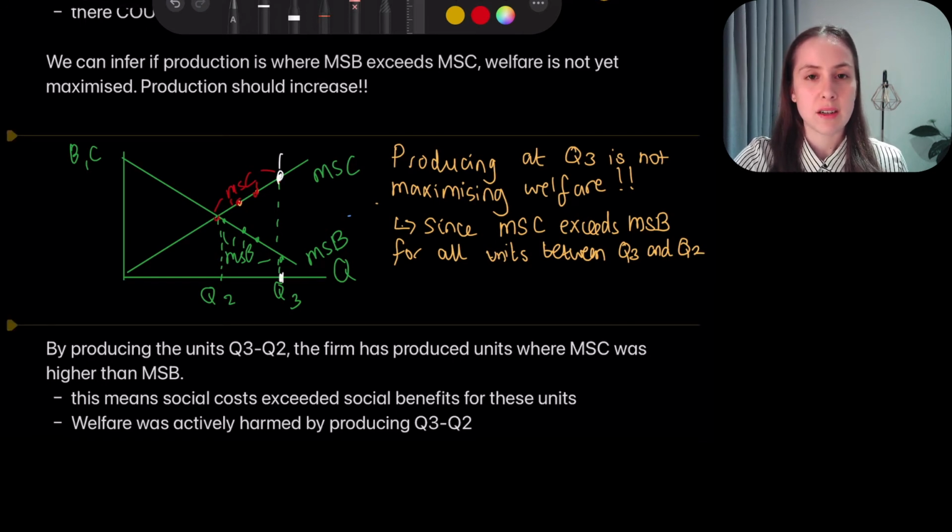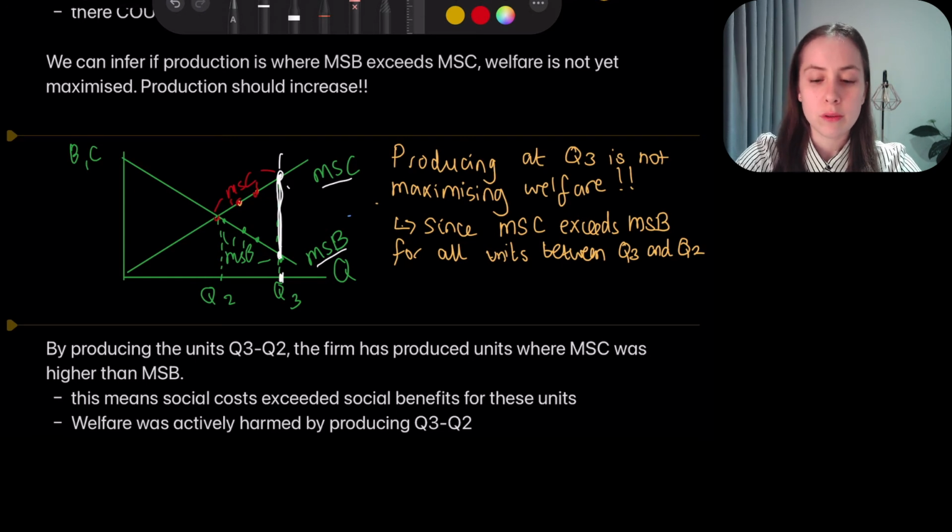That's where the MSC curve is. And the benefits to society are a bit lower here. Therefore, the costs for that unit have exceeded the benefits to society, and this Q3 unit has actually caused this much harm to society.